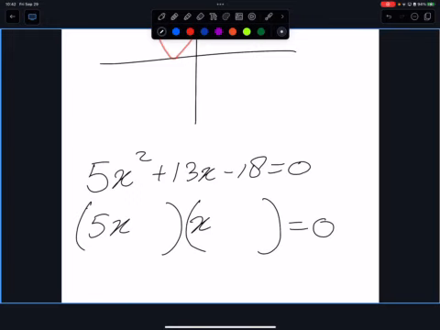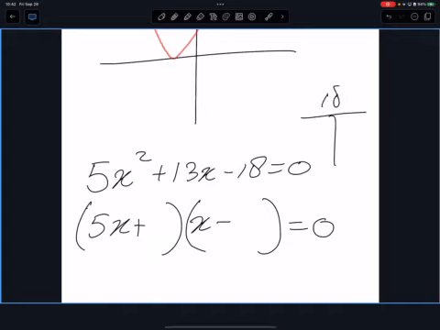Now, if you look closely, I have a negative here and a positive there. That means one of my answers has to be positive and one has to be negative. Then we have 18 or negative 18. Possible solutions: 1 and 18, 2 and 9, 3 and 6.